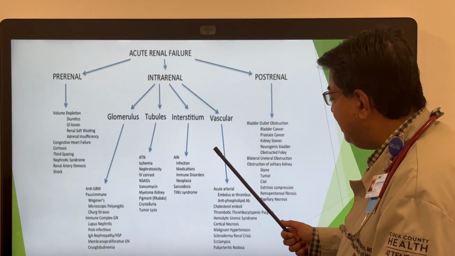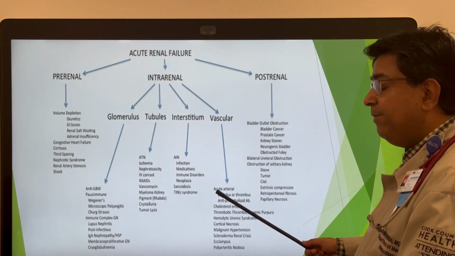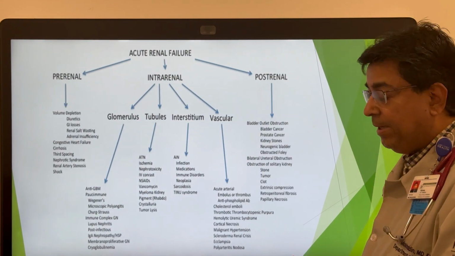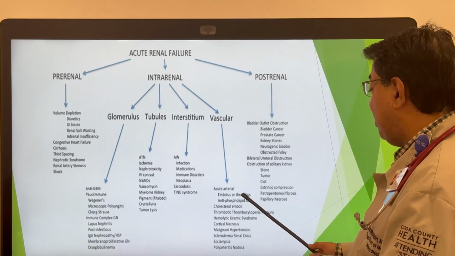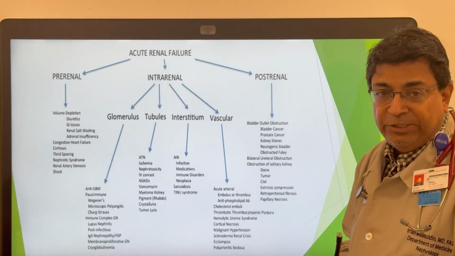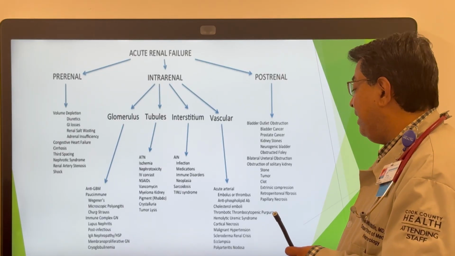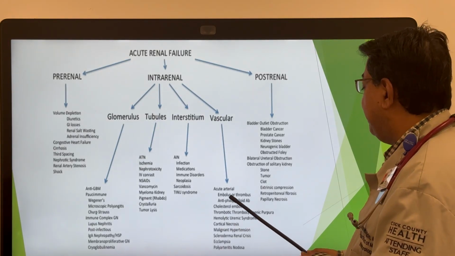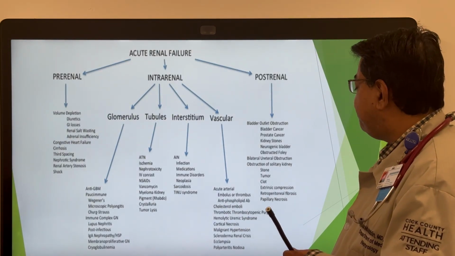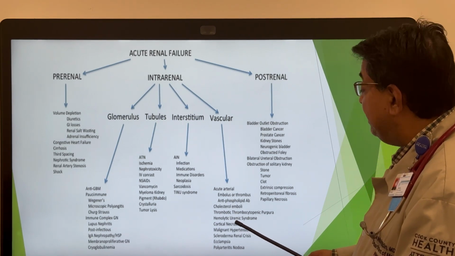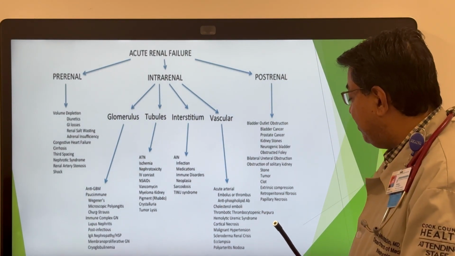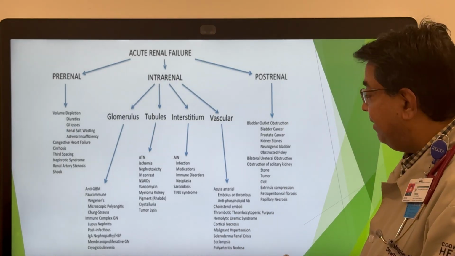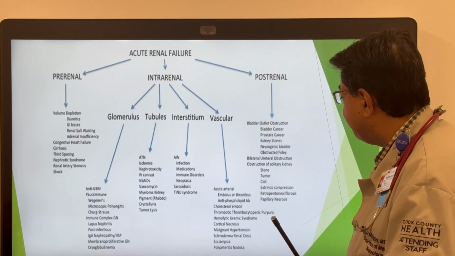In the vascular compartment, you have emboli, whether it's because of atrial fibrillation or for some other reason, antiphospholipid antibodies, cholesterol emboli, as in instrumentation, whether it's a cardiac cath or something else that triggers cholesterol emboli, thrombotic thrombocytopenic purpura, hemolytic uremic syndrome, cortical necrosis, malignant hypertension, scleroderma renal crisis, eclampsia, and polyarteritis nodosa. All of these will be discussed separately in detail in individual sessions.